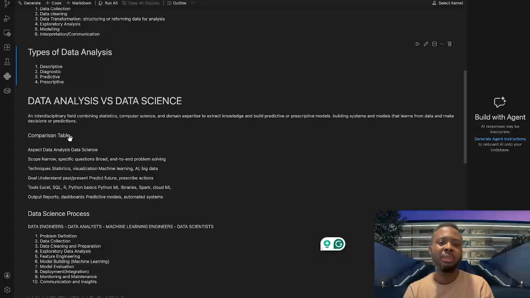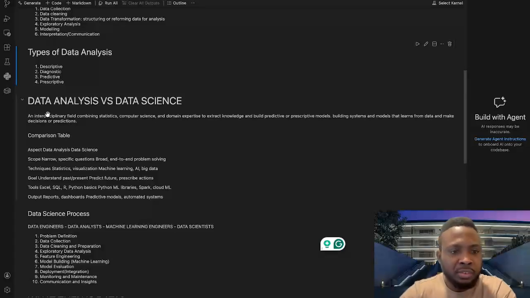Look at data science as a faculty in a university, and data analysis as a department. Data science is the broader form, the mother, a universal set, while data analysis is a subset. In simple terms, data science involves multiple fields coming together, while data analysis is a branch of data science.